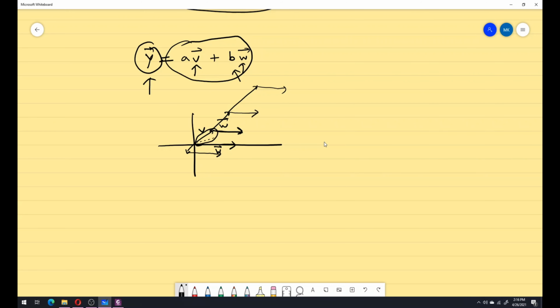Then the resultant vector, as you can see, or the tip of the resulting vector, actually draws a straight line.